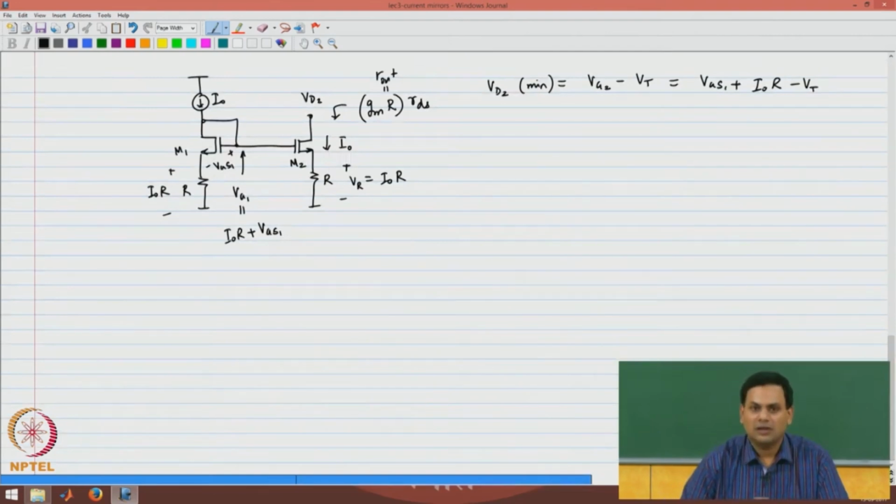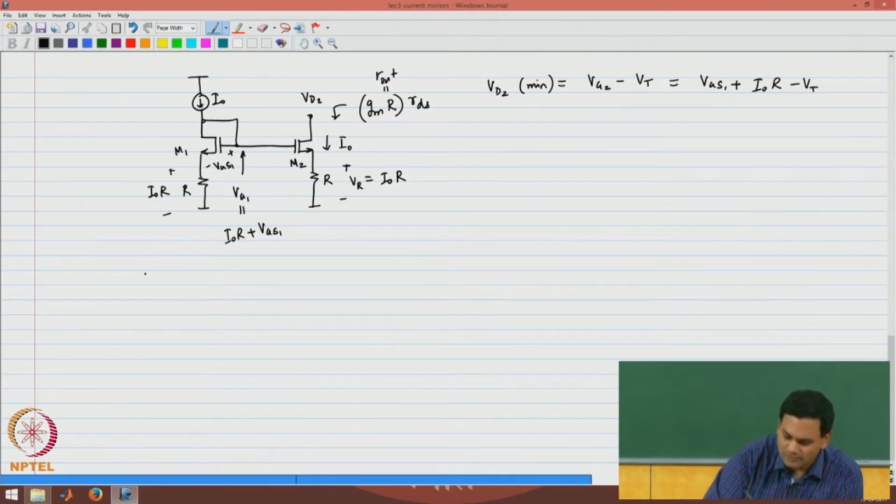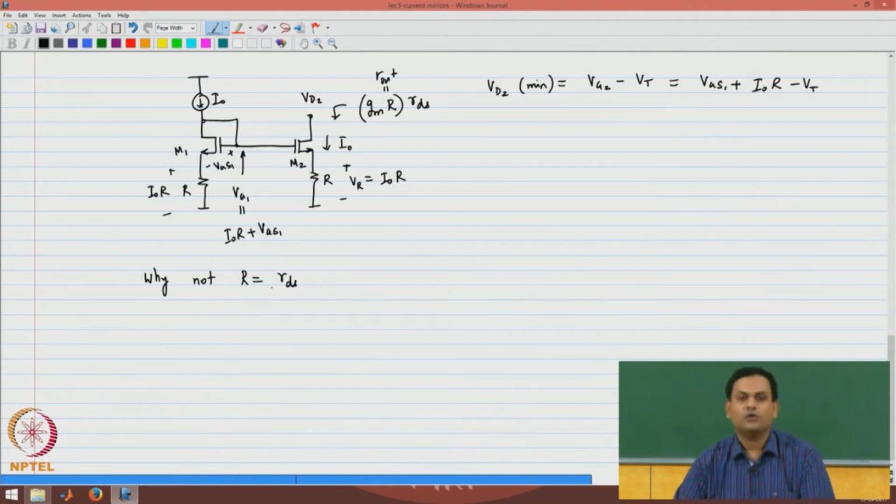So, now I want to get a large resistance R. So, the next question is, instead of using a physical resistance R, why not use a drain source resistance of a MOSFET itself? In other words, I am going to use the small signal drain source resistance of the MOSFET to generate this R. Hopefully, in DC it will look better. Let us look at this.